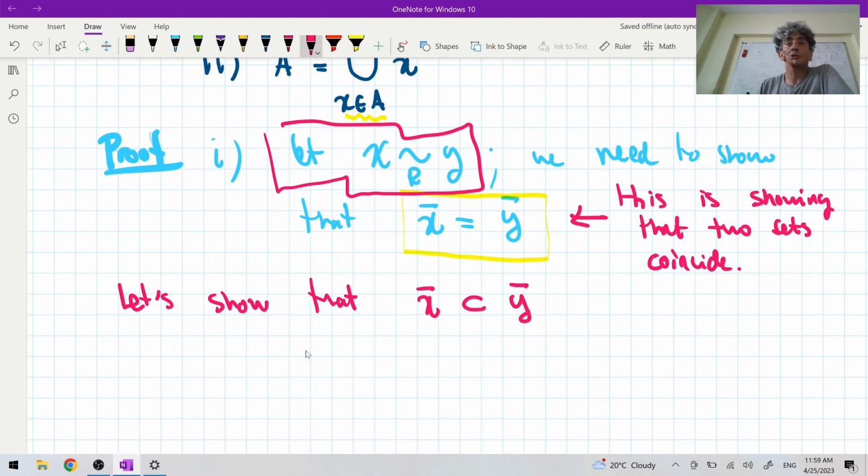And to show this, we need to say the following. We are going to take an element of the set and we're going to show that it belongs to this set.